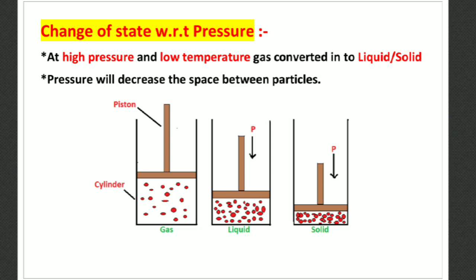Now, a change of state with respect to pressure. So here, how pressure can change the state of matter. The first point is that at high pressure and at low temperature, gas is converted into liquid or solid.